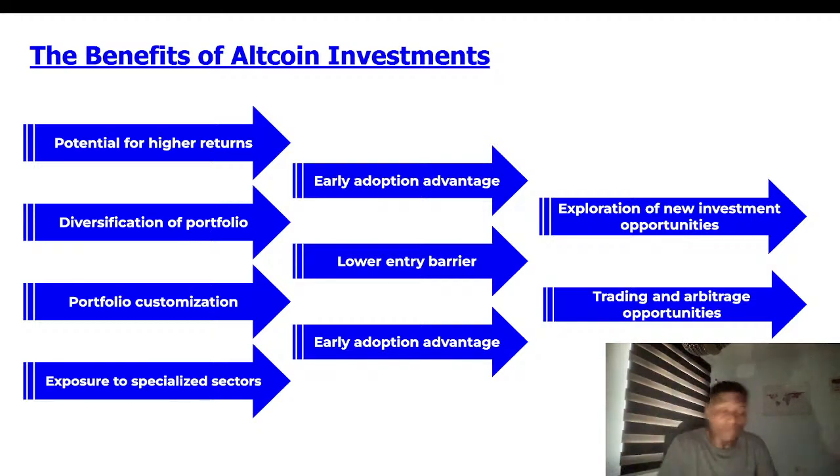If you go to the cryptocurrency section, we have more than 7 cryptocurrencies you can play around with: Bitcoin, Ethereum, Ripple, BNB, and a lot more you can look into. So these are opportunities for you and benefits of altcoin investment.